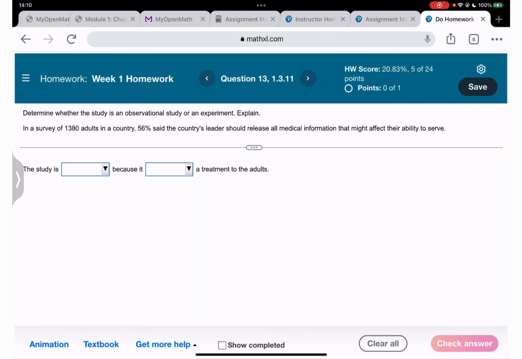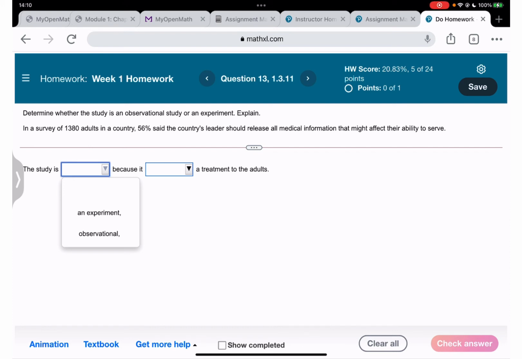Moving on. In a survey of 1,380 adults in the country, 56% said the country's leader should release all medical information that might affect their ability to serve. So the study is, well, it's not an experiment.